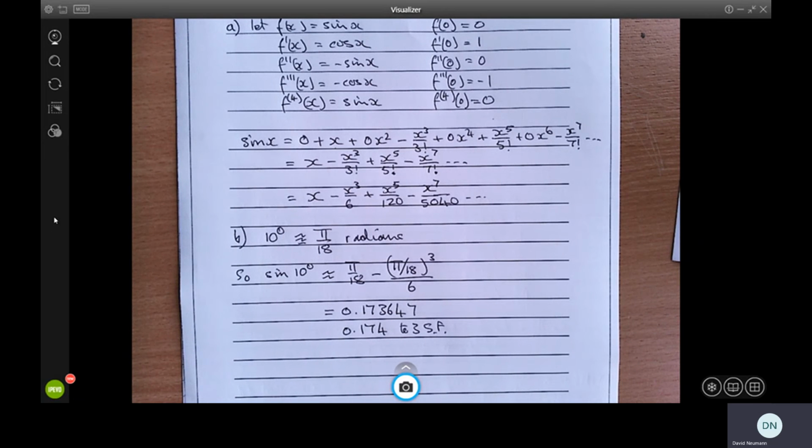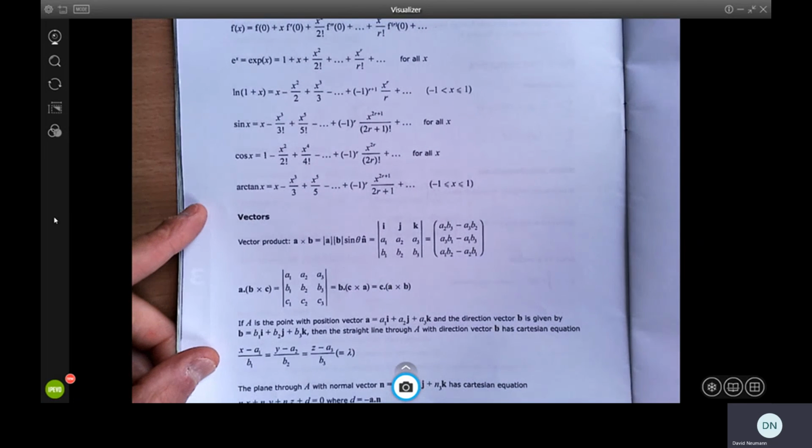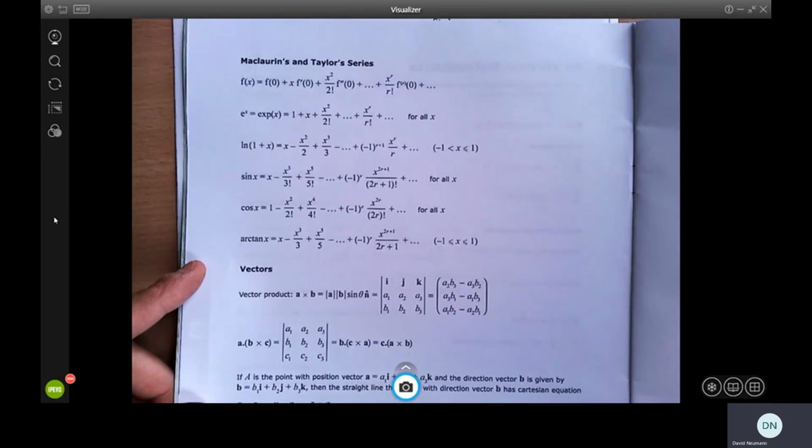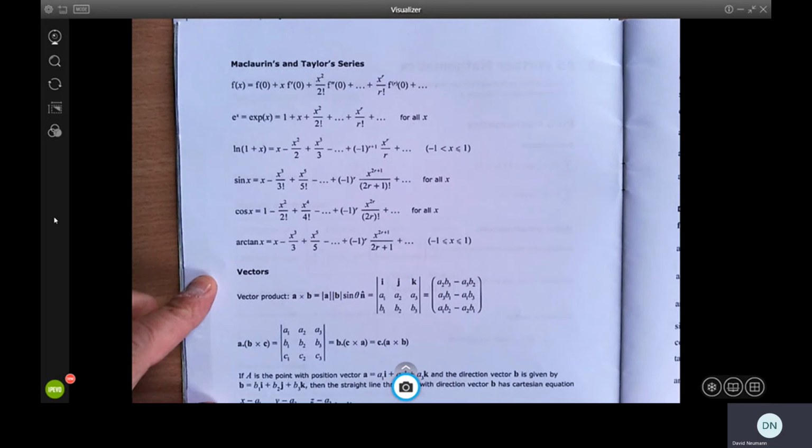In the formula book, you will find, as well as the general formula for a Maclaurin series, there are specific ones as well. So this is on page 10 of the formula book. It's also repeated on page 18.